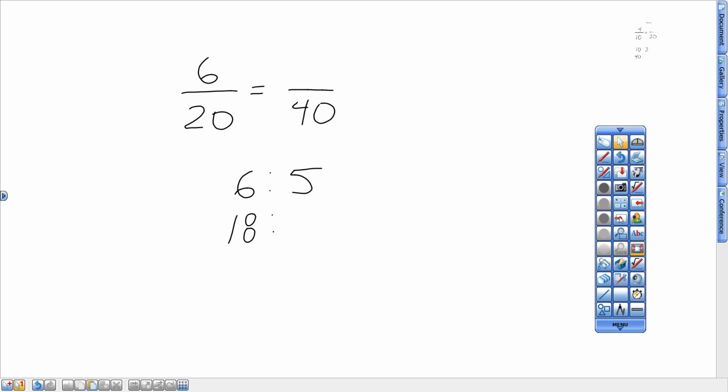So looking at this, if I could look at this 20 and look at 40 and see what I'm doing to 20 to get 40, looks like I'm timesing by 2. If I do the same exact number to 6 up on top, that will give me what that ratio number has to be. So if I use my calculator to times that, spits out 12. That's what it has to be, 12.